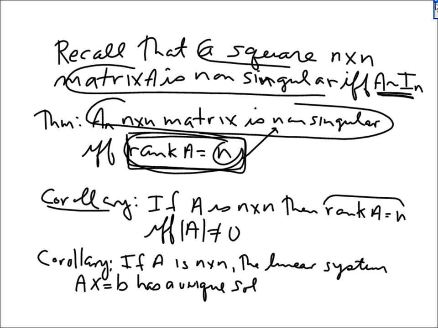Well, I know that AX equals B has a unique solution if and only if the determinant of A is not 0.